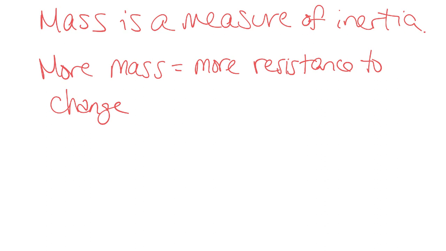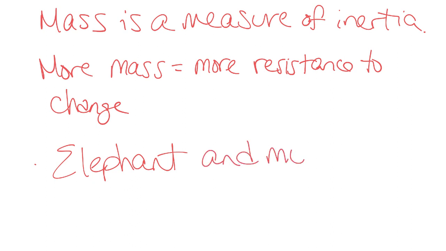So think about an elephant and a mouse. And not a versus, but an elephant and a mouse. Okay, you're standing there and a mouse is running at you, right?